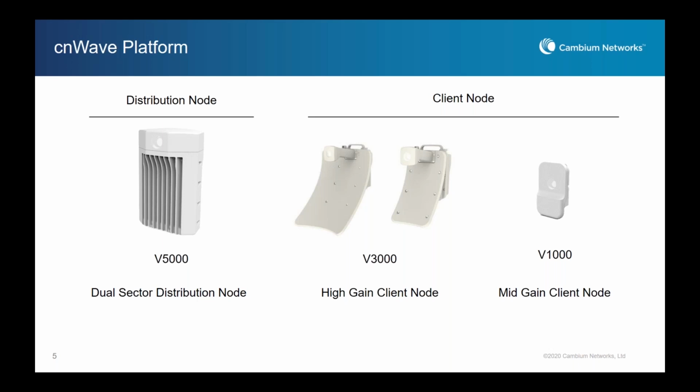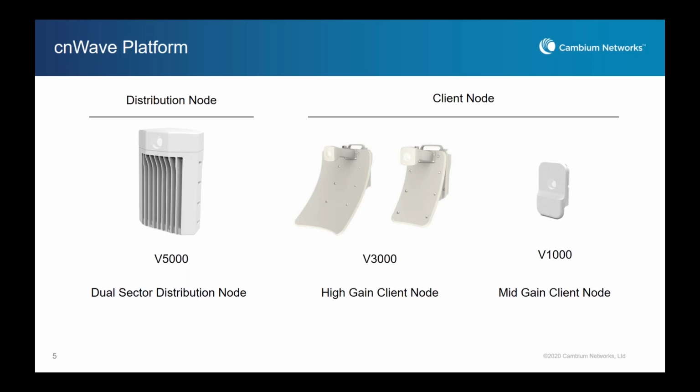So you can use that DN to not only serve client nodes, but also to serve subsequent DNs as I build out that mesh. And each one of those sectors today does 1.9 gigabits per second upstream and 1.9 gigabits per second downstream in that sector. It's a shared capacity. On the client node, you've got really two options of the modules, but within the V3000, you can see there are two different antenna designs.